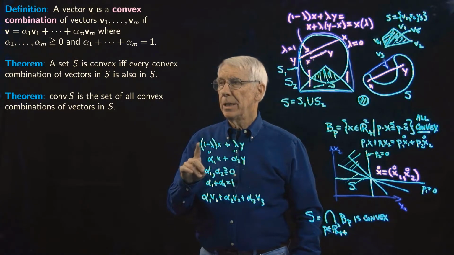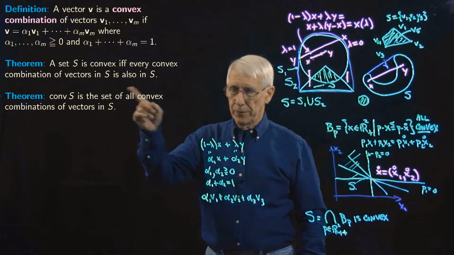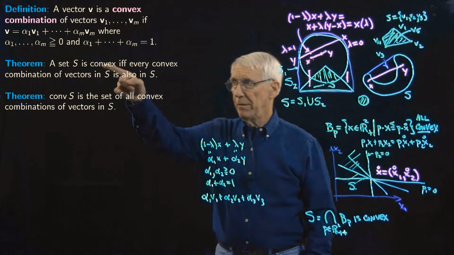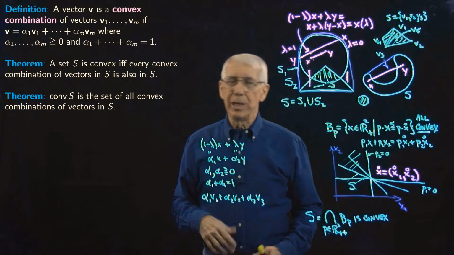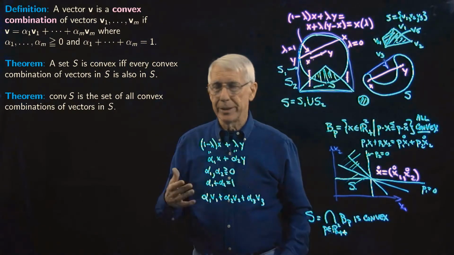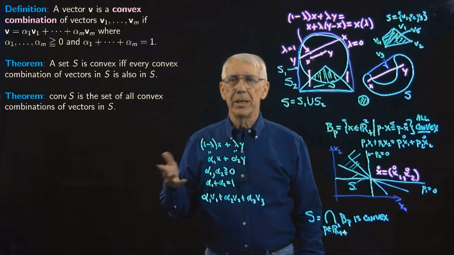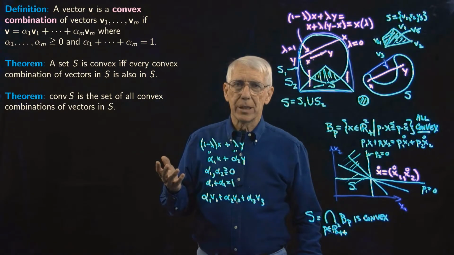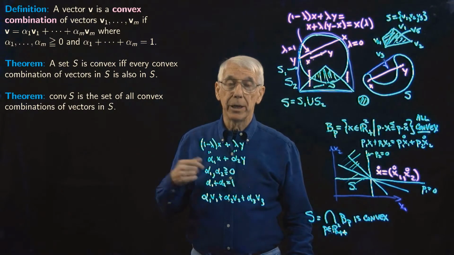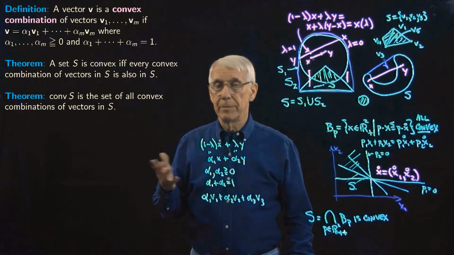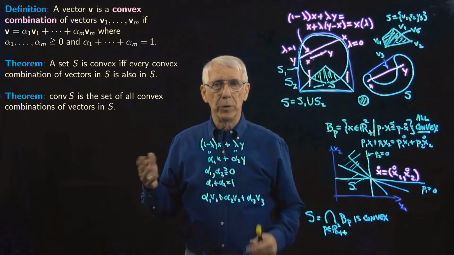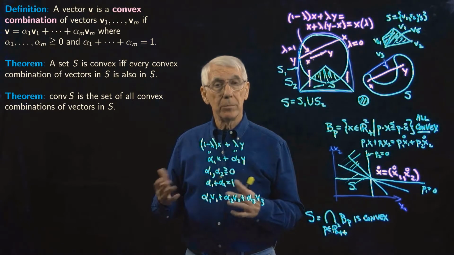In fact, you'll notice that the first of the two theorems, the theorem above here, is really technically also a characterization theorem, because it says a set's convex if and only if every convex combination of vectors in S is in there. It's not one that we typically refer to as a characterization theorem, but it is.